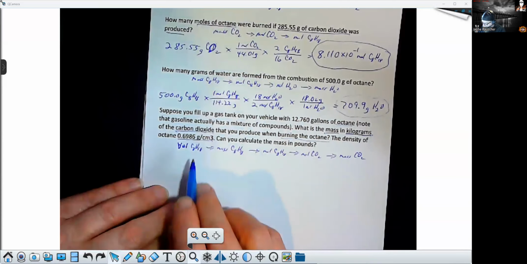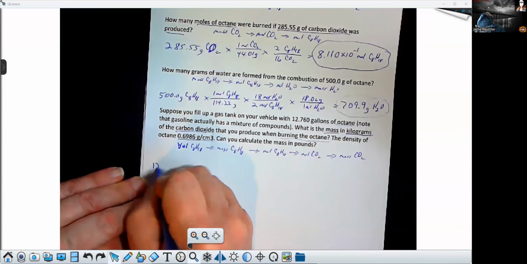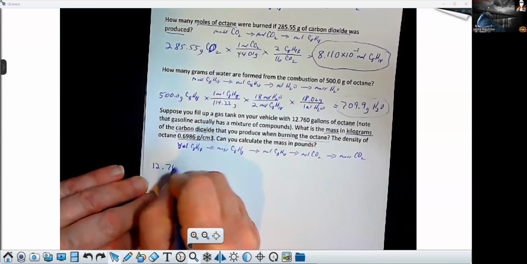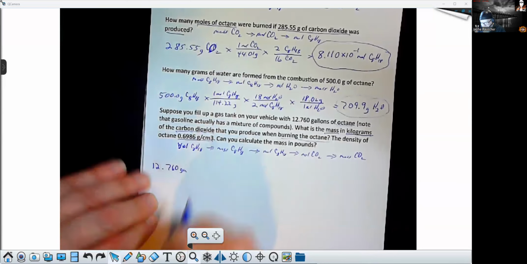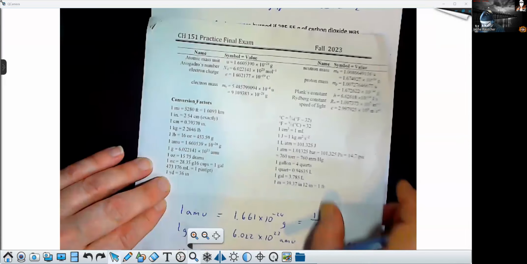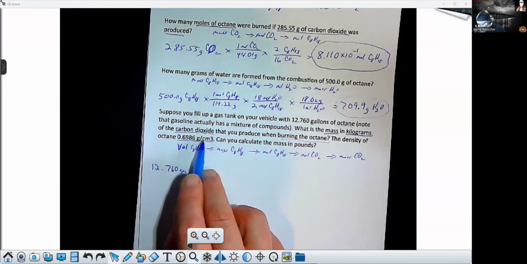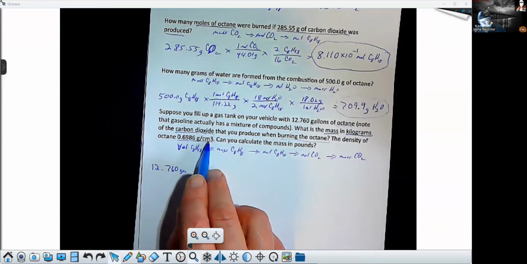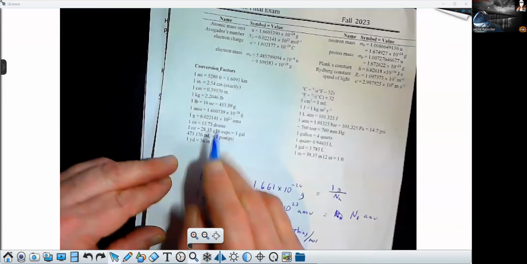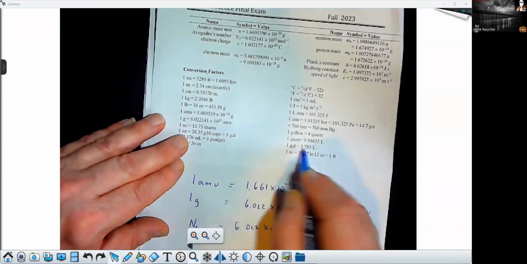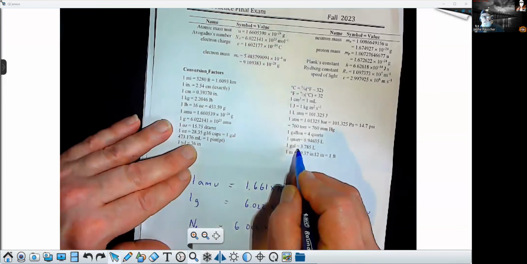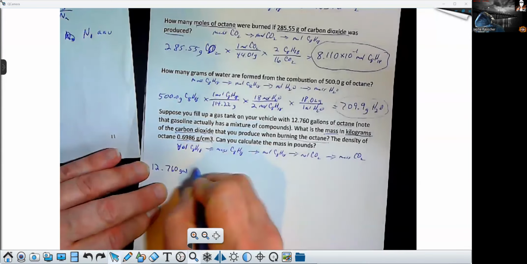All right, so first thing to do is we have 12.760 gallons. And now we need to convert from gallons to something that we can use this density on, right? So we need to somehow get to cubic centimeters, but we can convert from gallons to liters. Okay, so 1 gallon is equal to 3.785 liters.